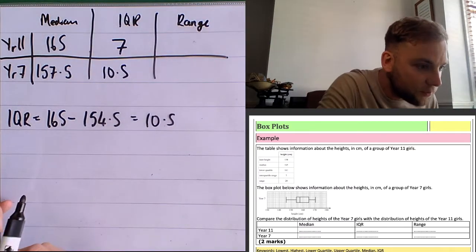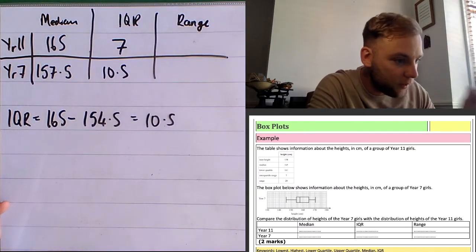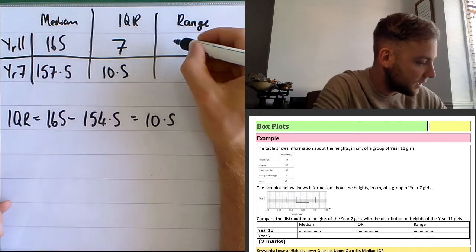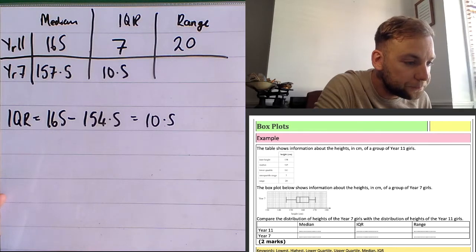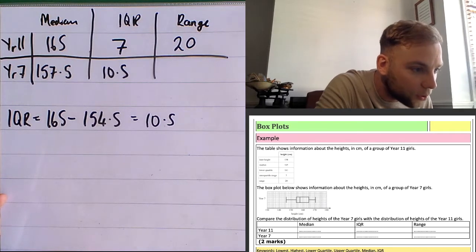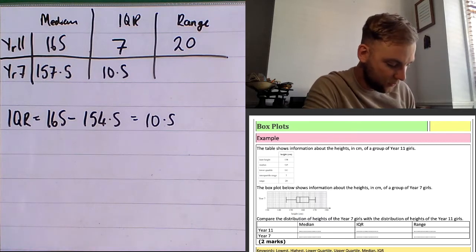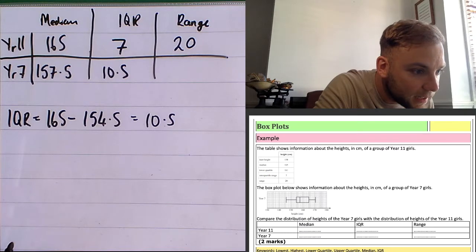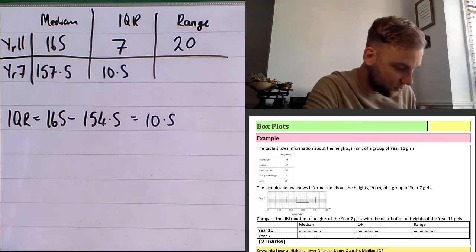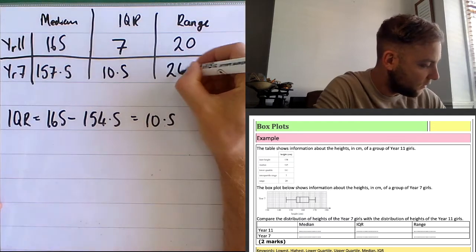And then the range for this one, again, we've already got the range for the Year 11s, that's 20. And the range for the Year 7 girls, that's 70.5. Subtract the smallest, which in that case is 146, which is equal to 24.5.